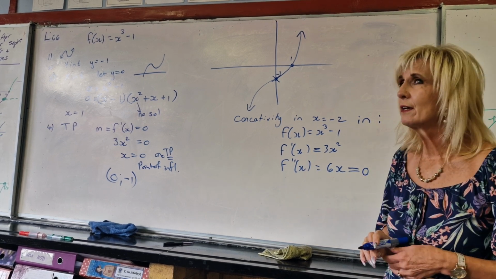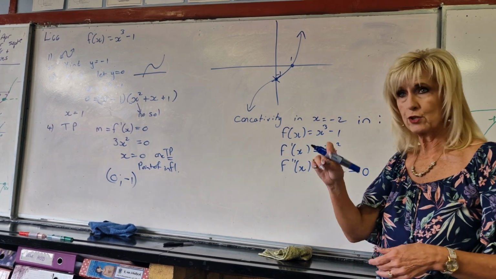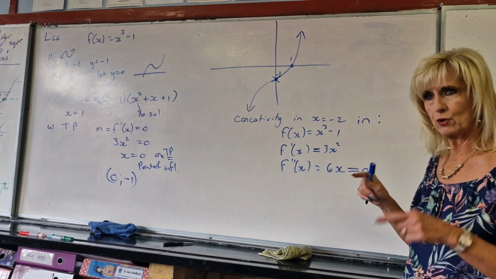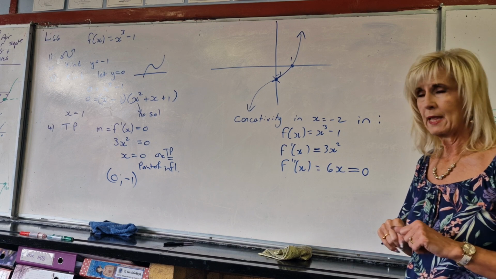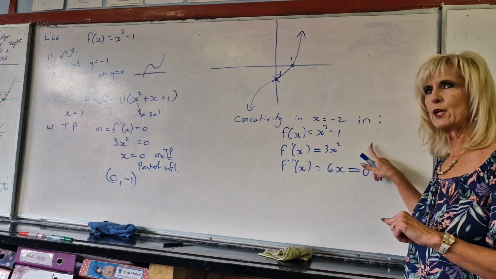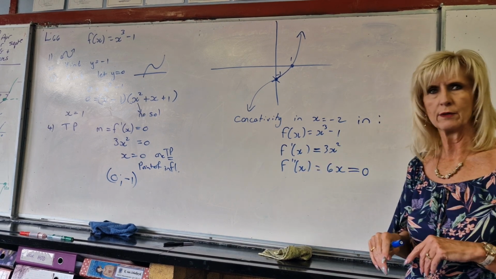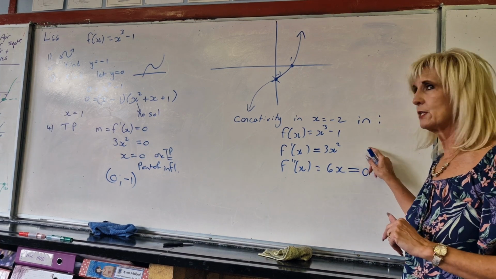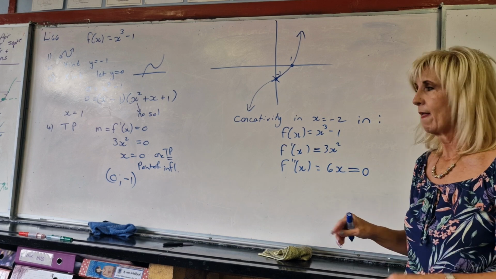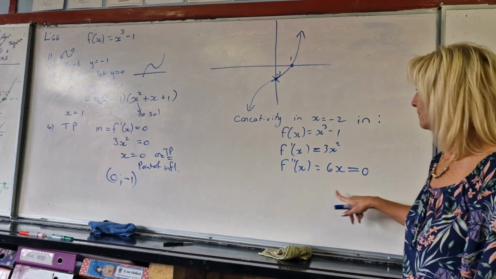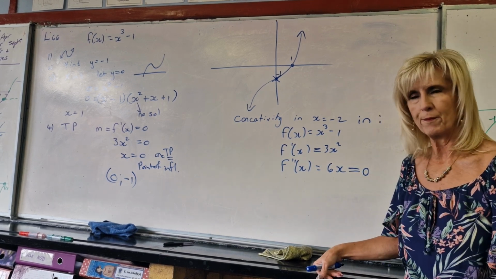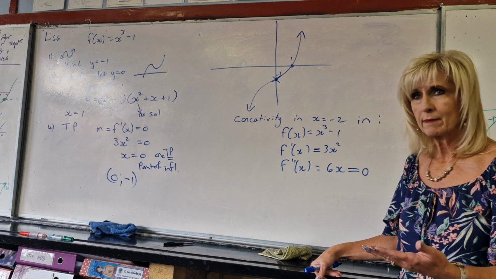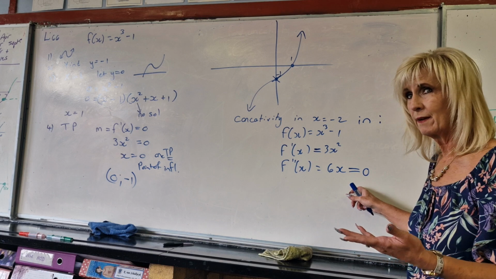I'm not looking for the gradient, where the turning point is. If you ever put the derivative equal to 0, you're looking for the turning point. Is the derivative always equal to 0 anywhere? No, because it's gradient. It will change from point to point, but only be equal to 0 at the turning point. If you put the double derivative equal to 0, what are you looking for? The point of inflection.